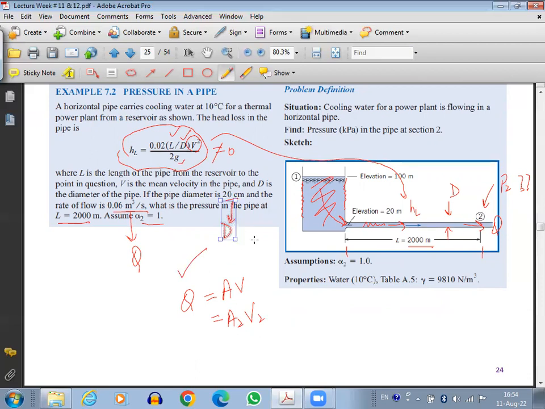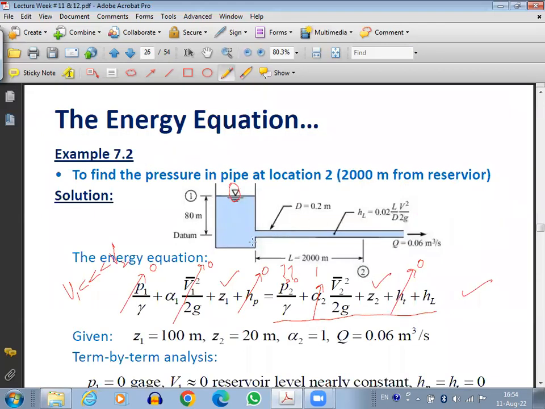So if we know diameter, you can use this information to find what is A2. So you have A2, you have Q, you can find what is V2. And once we have V2, then you can substitute here, you can find what is HL. And you can substitute V2 here. Eventually, there is only one unknown, which is P2, that you can find.